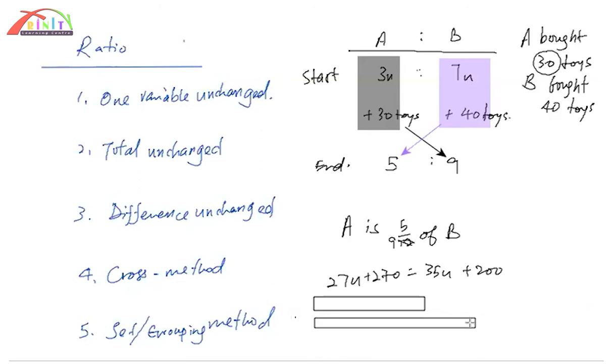Your first model here will be 27 units. Your second model here will be 35 units. These two numbers, you put inside. And then you need to extend it by the number behind. Why extend it? Because they are equal. If they are equal, they will extend to the same total.